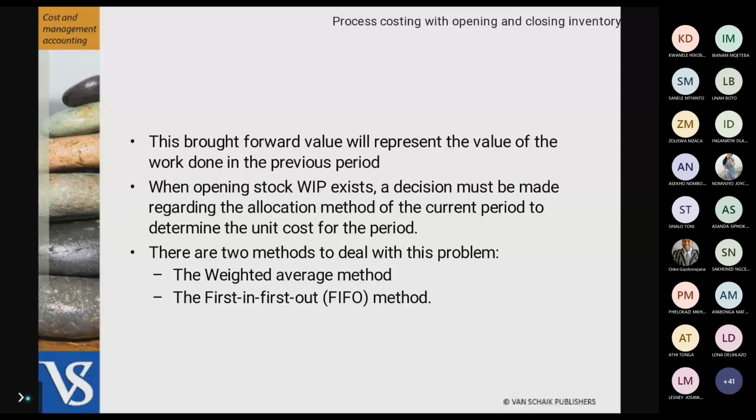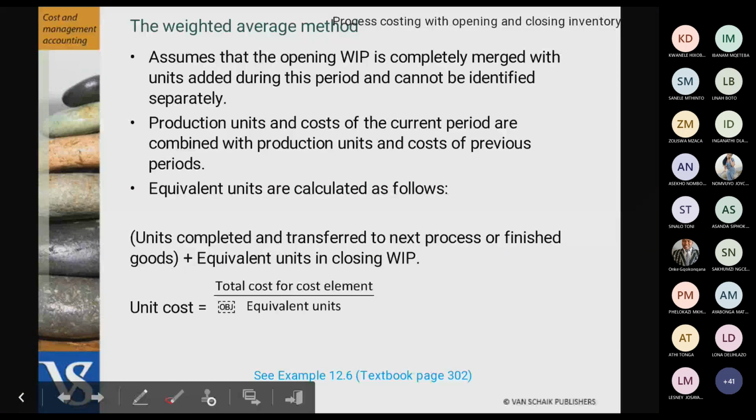Now let's first look at the first method, the weighted average method. What are the assumptions? What does that mean? How are we going to do our reporting using the weighted average method? Assume that the opening work in process is completely merged with units added during this period and cannot be identified separately. Did you hear that statement? It takes us back, guys, to what I was saying to you: look, this is the situation.